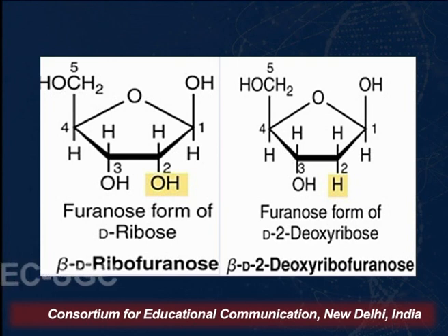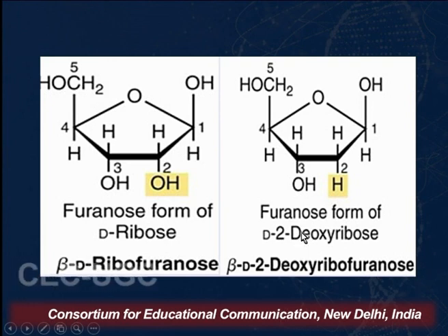Now, when we are saying ribose, what we mean here, indicated in yellow, is that at the second position you have a hydroxyl group. Whereas when we talk of deoxyribose, we have only hydrogen here. So oxygen has been removed from the second carbon, and it is known as 2-deoxyribose.